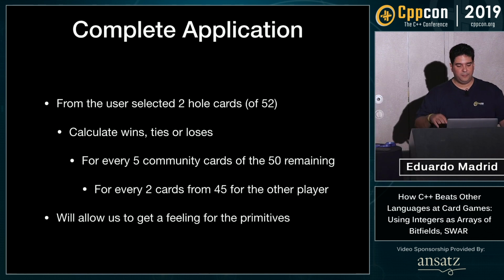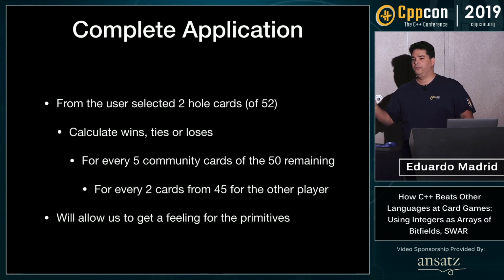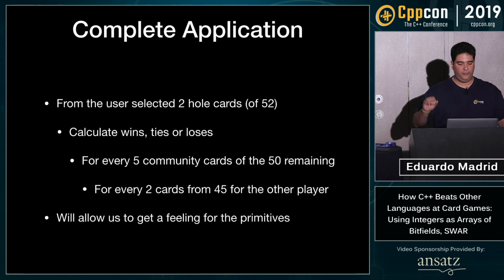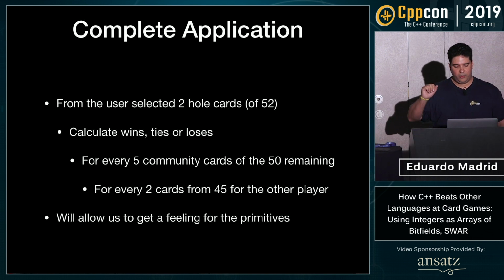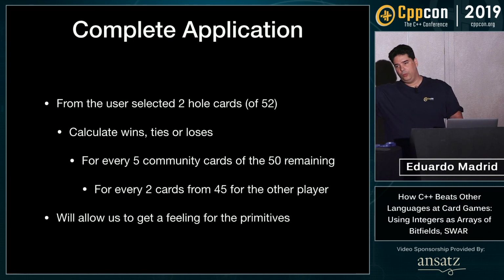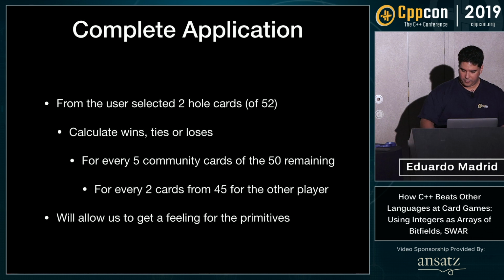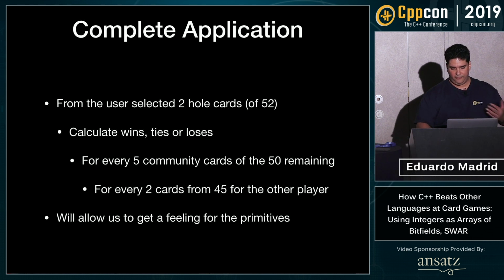To do that, this will be a brute force traversal of every 5 community cards of the 50 remaining. And for each community, we're going to generate all of the possible 2 cards for the other player from the 45 remaining. I hope you will get a feeling for the primitives that we're talking about.